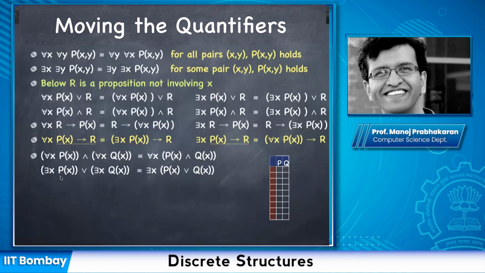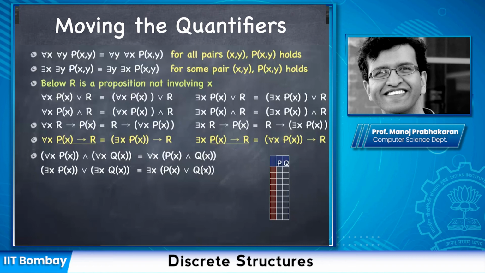Here is another equivalence: there exists x, Px, or there exists x, Qx. What is this saying? Either there is some cell in the first column or there is a cell in the second column that is lit up. So it's just saying there is some cell somewhere in these two columns that is lit up.